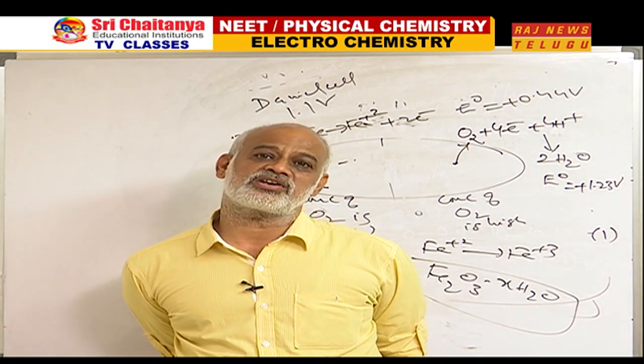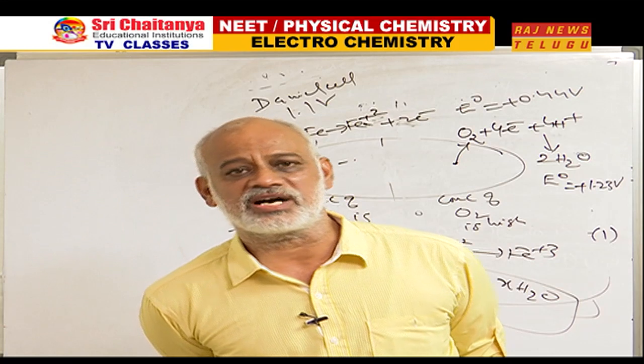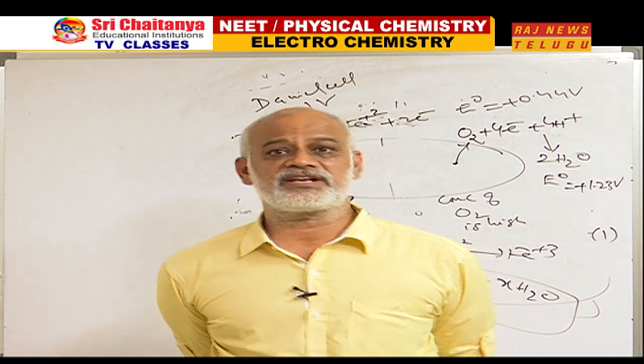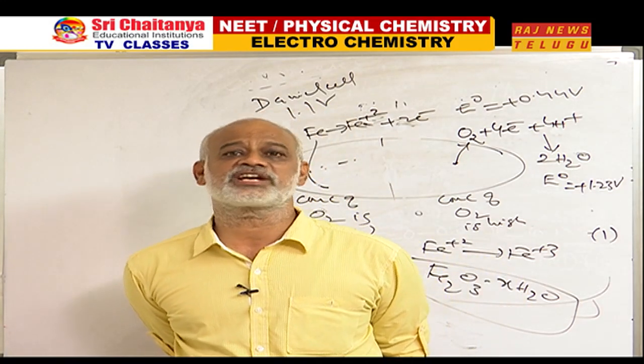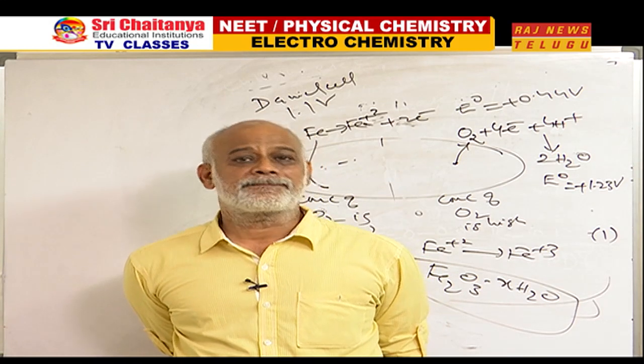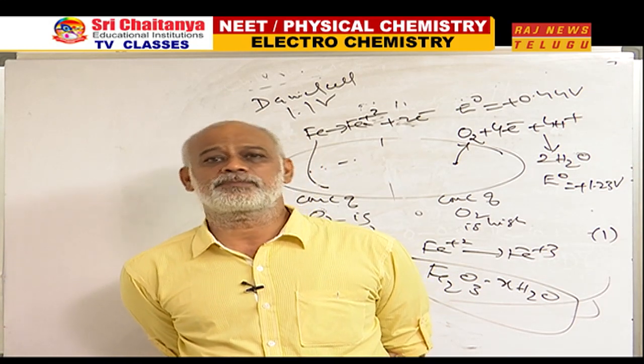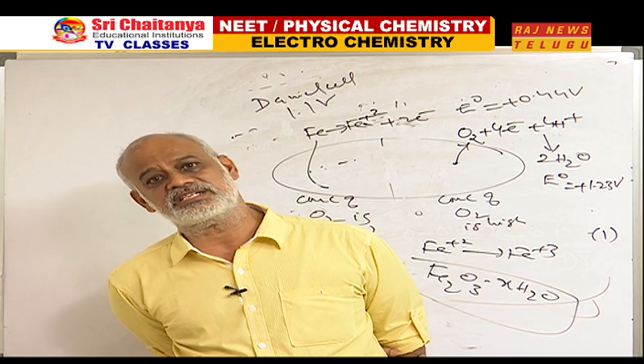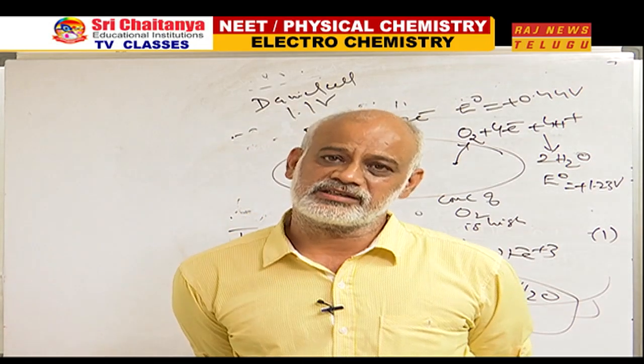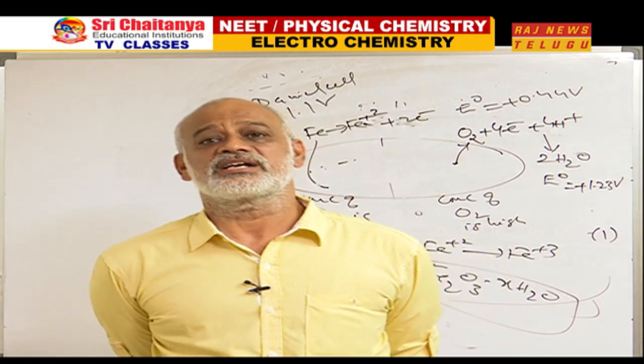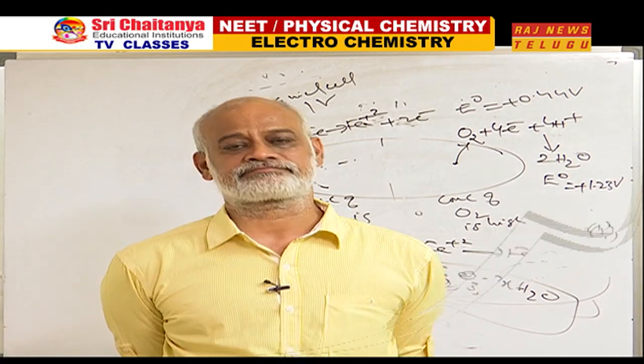It undergoes oxidation in preference to iron, thus prevents iron from corrosion. The process of electroplating iron articles with zinc to prevent corrosion is called galvanizing.